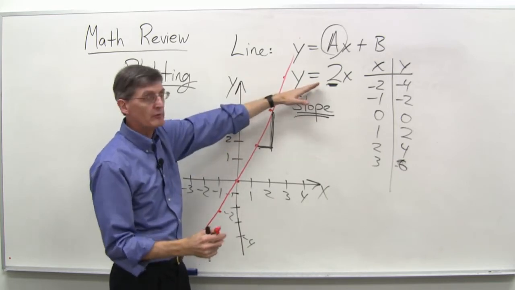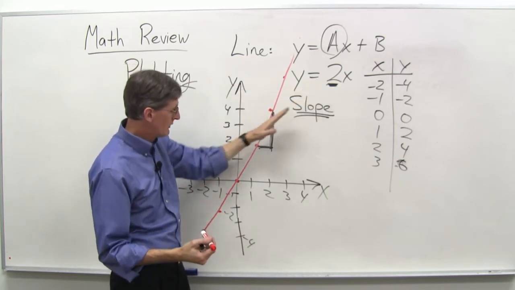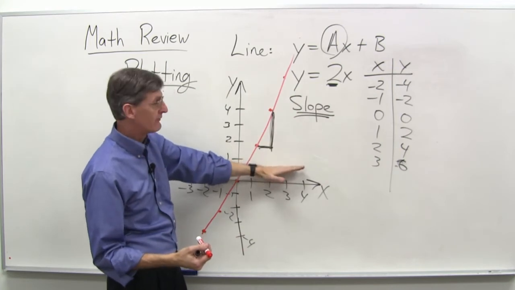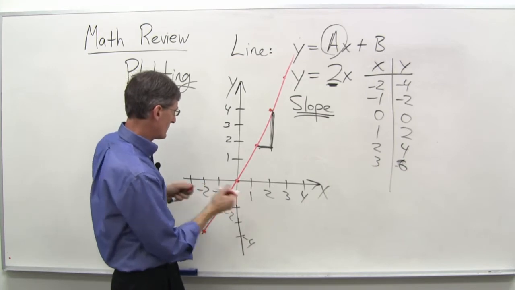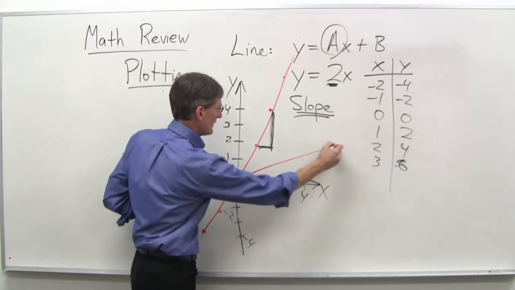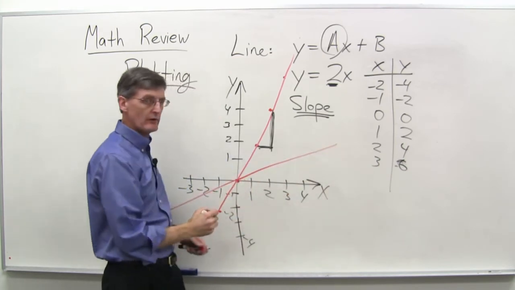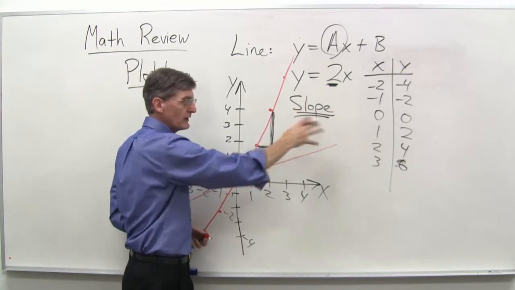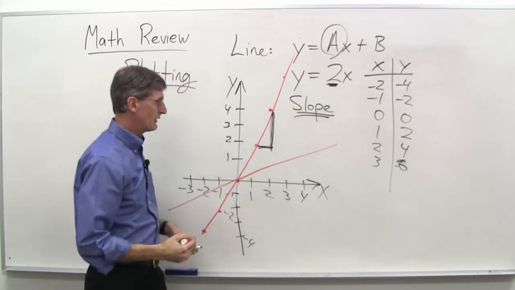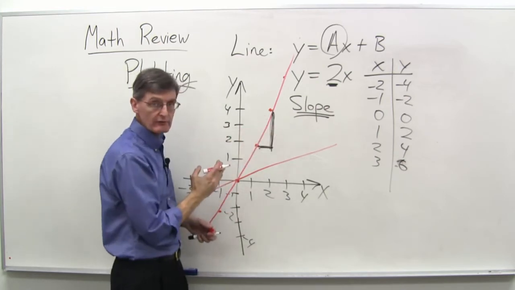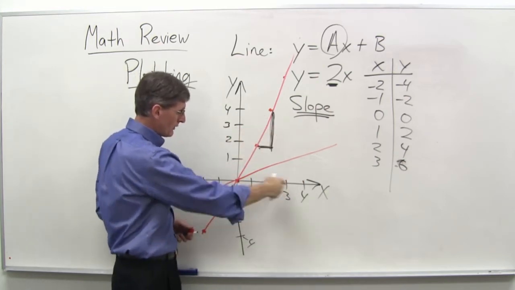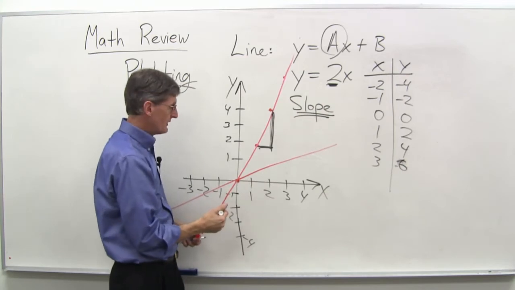The smaller the number, assuming we're talking about a positive number, the slope of the line would be more like this. If it was 1/2 there, then we'd be seeing something more like a line sort of like that. That'd be a slope of 1/2 if we plugged in new numbers and plotted that line. A slope of 1 is going to be at a 45-degree angle, assuming our scaling on each axis is identical.